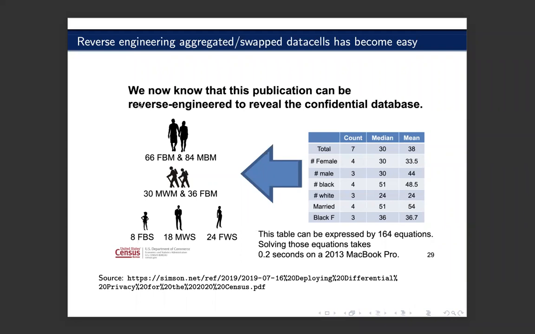But you see that there was no noise added, it was swapping some household data in the neighborhood or aggregating them. But even this, in a 2018 or 19 presentation, they used an off-the-shelf MacBook Pro, solving equations of what is the underlying data set. And it takes a fraction of a second to uncover exactly what was the composition of people that produced this table. So they did this to evaluate their own methods in the past to see what can be done better.